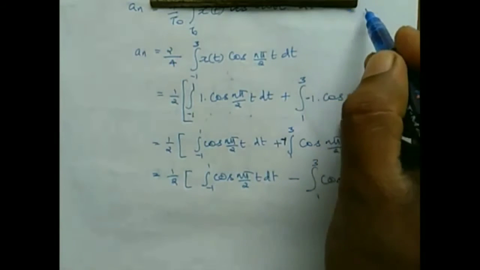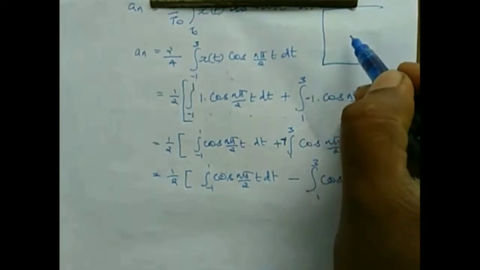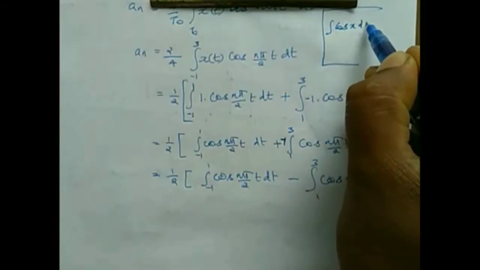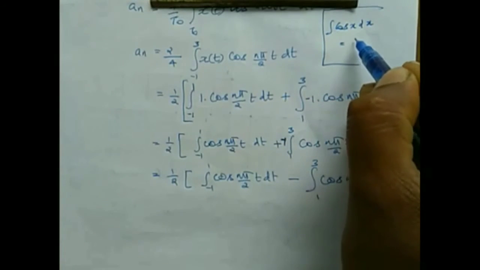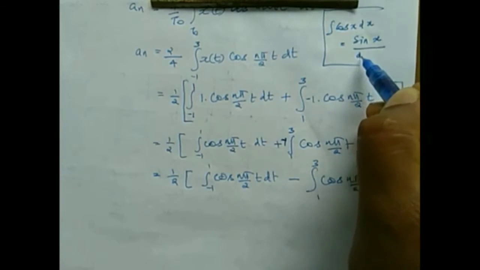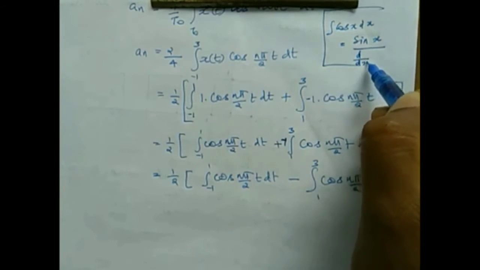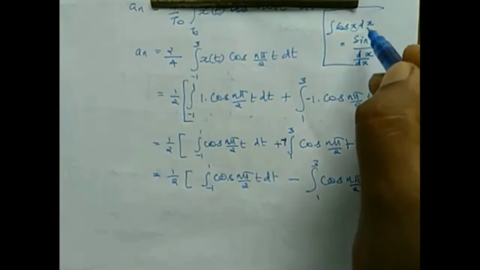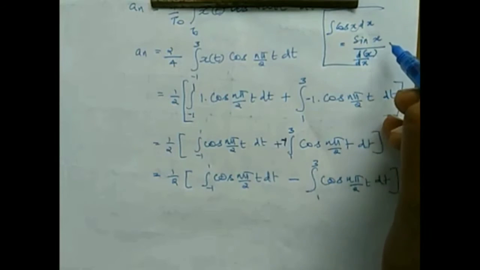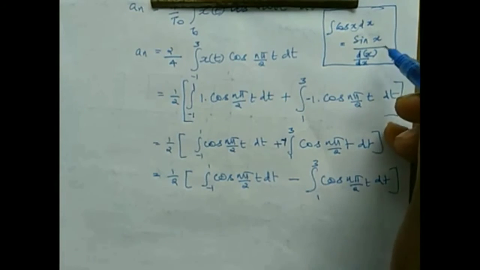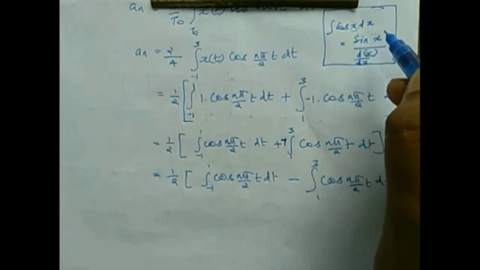Now we need to know what is the integral of cos x dx, that is equal to sin x divided by d by dx of this angle. Okay, this is the formula. You need to know the value of integral cos x dx.